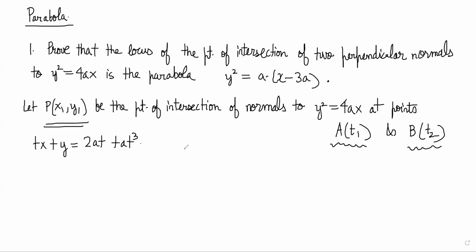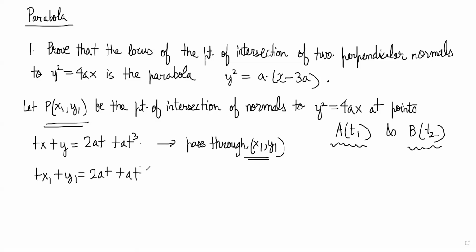We know that this normal has to pass through x1 comma y1 because x1 y1 is the point of intersection. And obviously here instead of t we can put t1 also and we can put t2 also. If I put x1 y1 here, you'll get tx1 plus y1 is equal to 2at plus at cube.